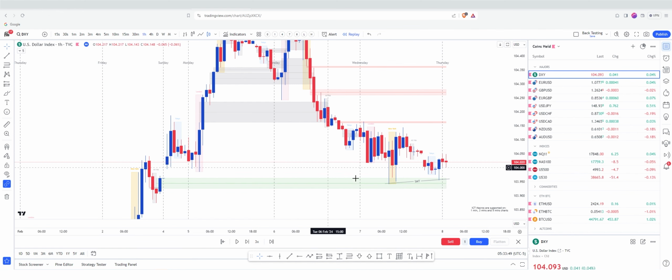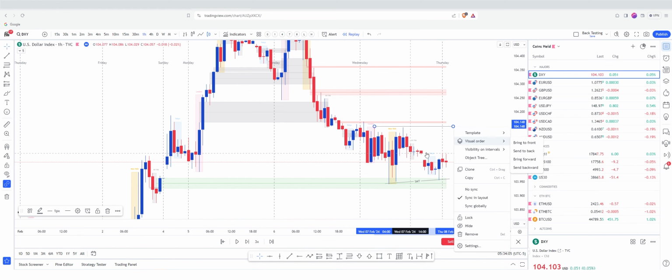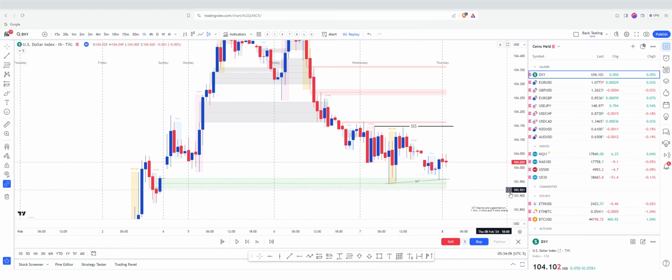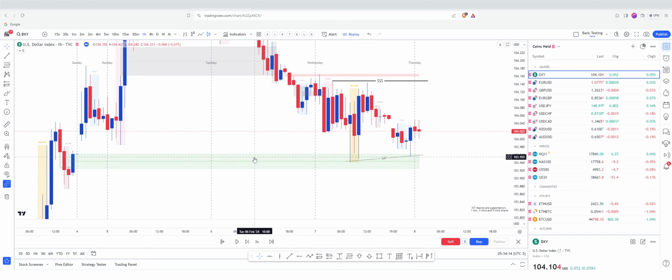This makes me believe that we have a bearish SMT, meaning the Dixie will continue higher, the euro will continue lower. We have relative equal highs created between London and the gap time between the New York AM and PM session. So that's quite a significant draw on liquidity. Again, we've rejected off this hourly fair value gap.